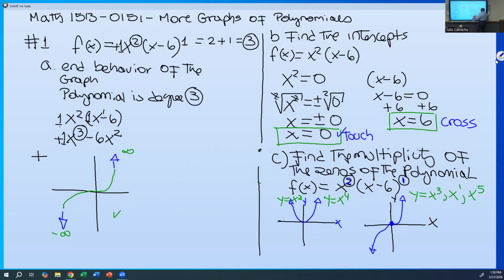The last thing we need to do to graph our equation, because we already have all the information that we need to graph our equation, I would love to do a table of values. That is my x, that is my input, and my output is f of x is equal to x squared times x minus 6.